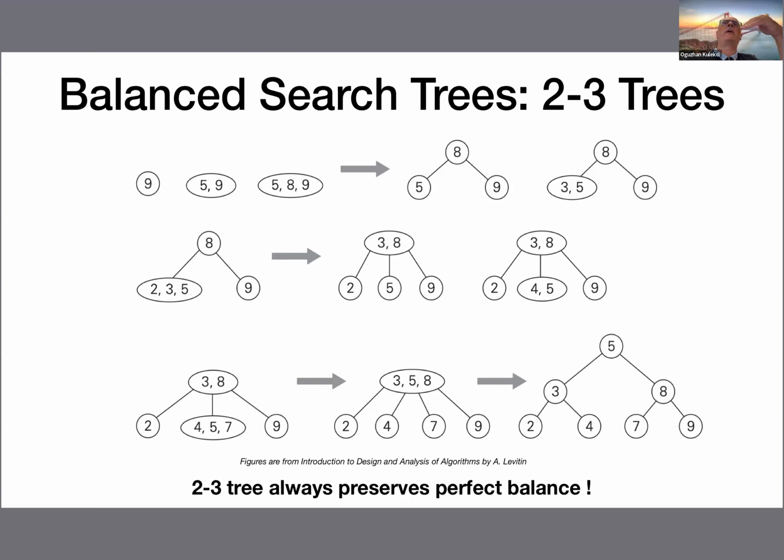Actually, there are others which are better than these balancing techniques. B trees are the fundamental data structure in many search algorithms, but these are some further sophisticated topics. Hopefully we will be discussing them later.